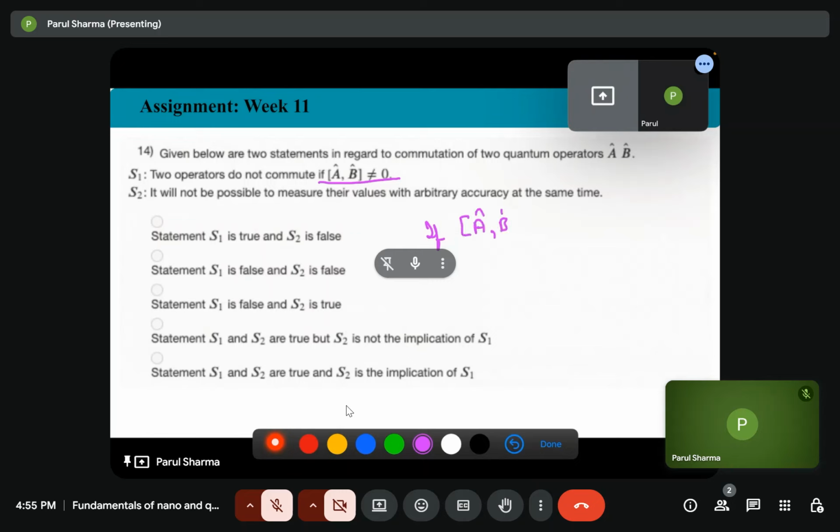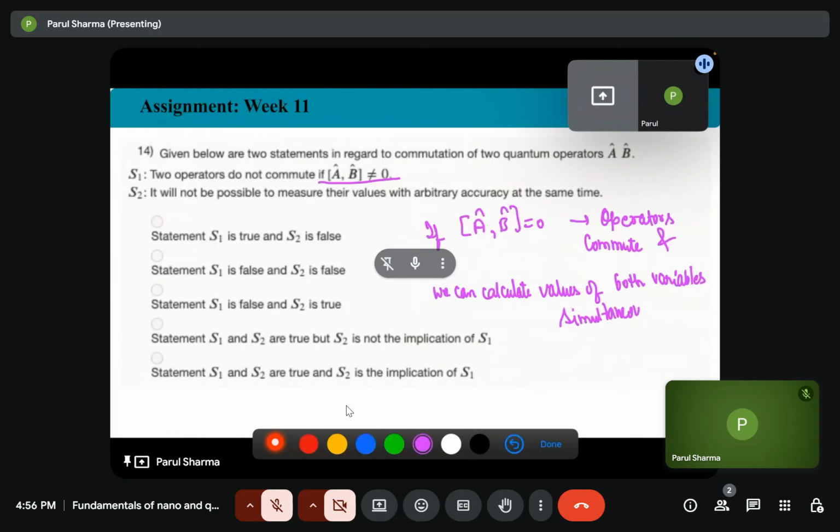If AB is equal to 0, operators commute and we can calculate values of both variables simultaneously with accuracy.